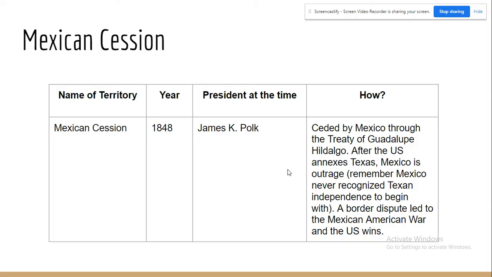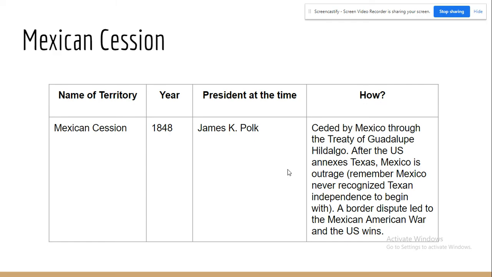So when the United States added Texas to our country, Mexico is outraged. They're so upset: how could we take Mexican territory and add it to our country? Eventually, a border dispute between the Nueces River and the Rio Grande is going to lead to the Mexican-American War.